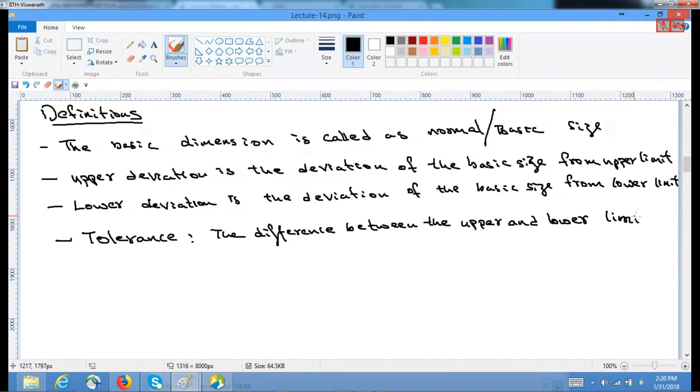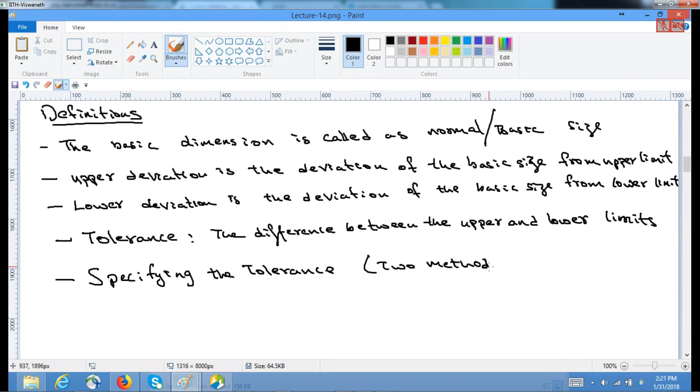So in order to mention these tolerances, specifying the tolerances, there are two methods.